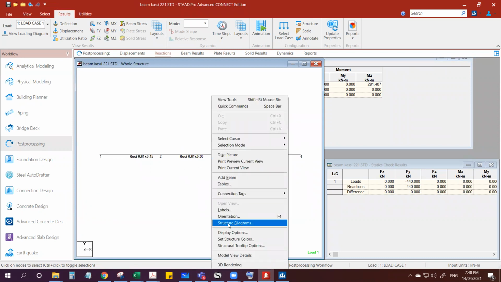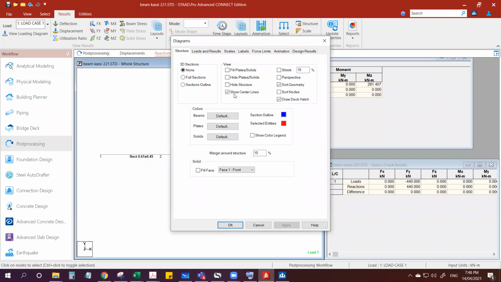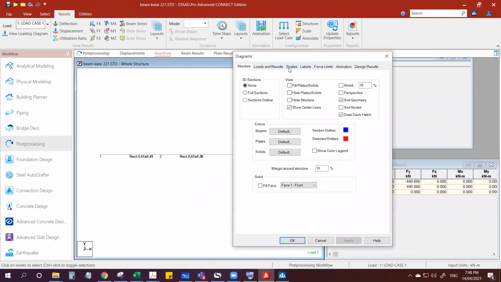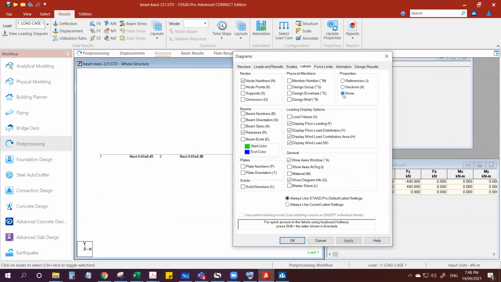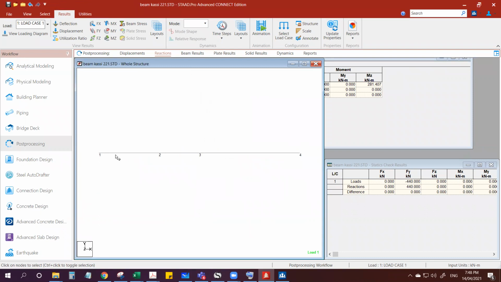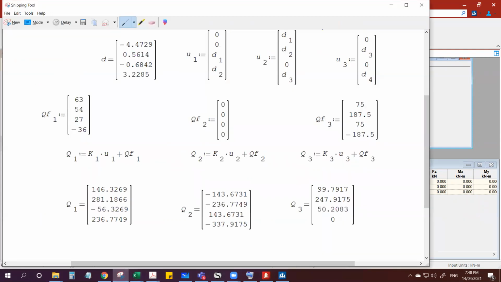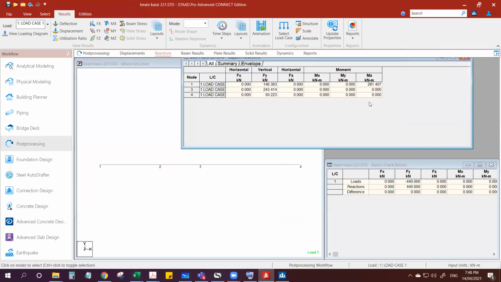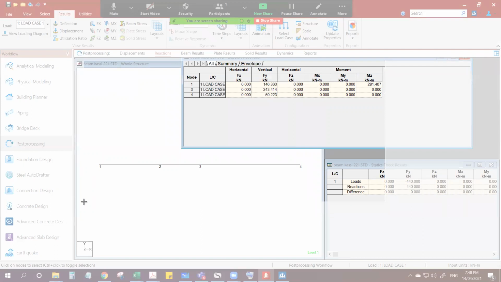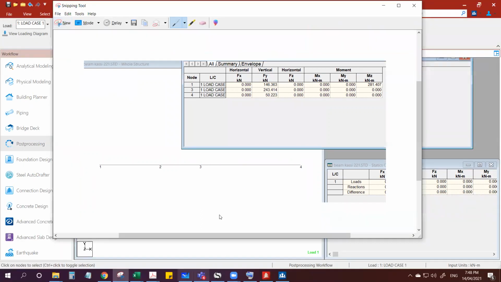Right click structure diagram. I don't want to see the sections, so click on none, labels, and then none, apply. I just wanted to see the node numbers so I can verify with the result.